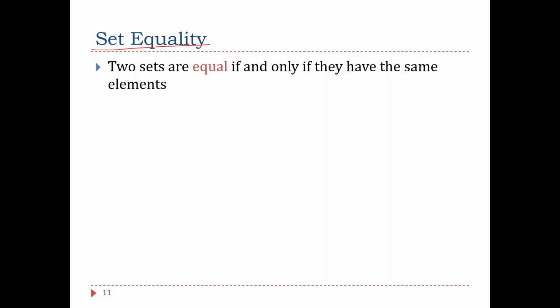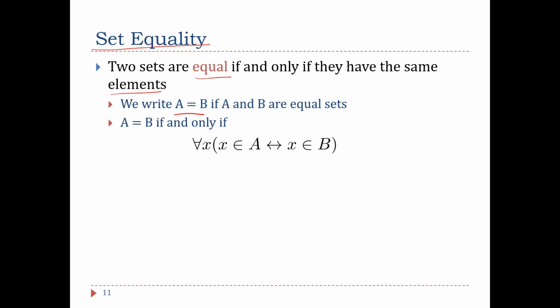Two sets are equal if and only if they have the same elements. We write in this case that A is equal to B, and we write it only if A and B are equal sets. It means they have the same elements.